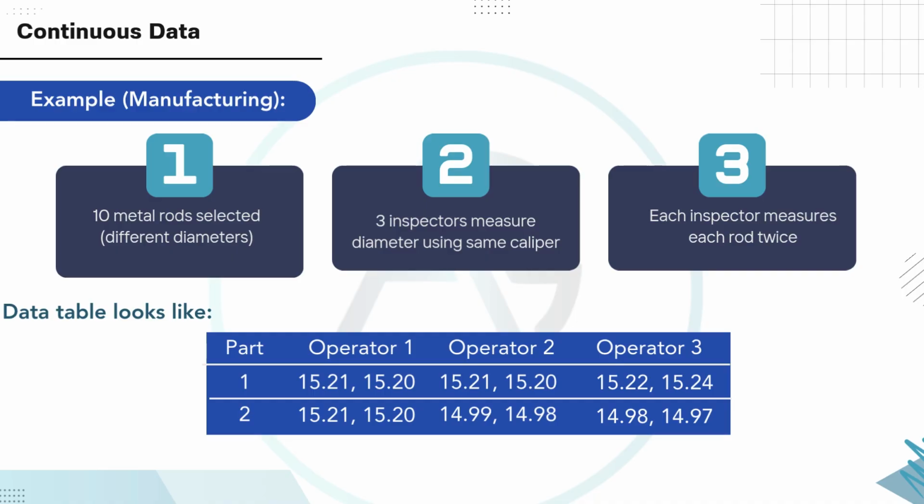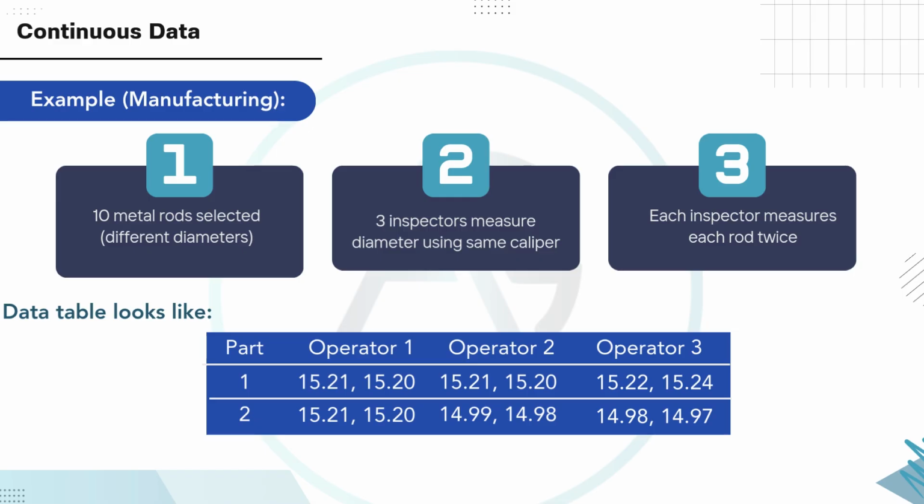At the bottom of the slide, you can see an example of how the data might look. Each part is measured twice by all 3 operators, and the results are recorded in a table format. For example, for Part 1, Operator 1 recorded 15.21 and 15.20, Operator 2 got 15.21 and 15.20, and Operator 3 recorded 15.22 and 15.24.